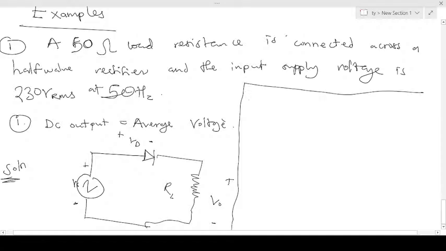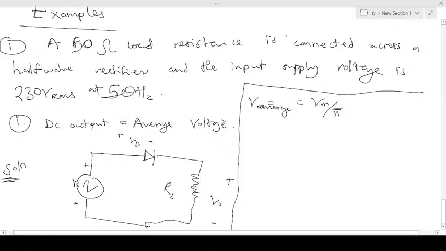So first things first, when you are solving for this, we know that our V average, as previously determined, is Vm over pi.